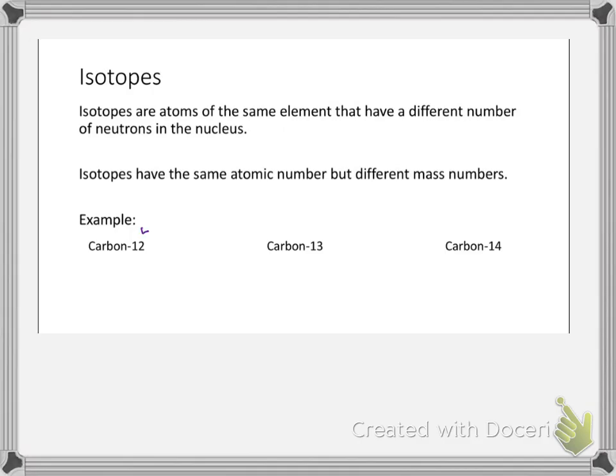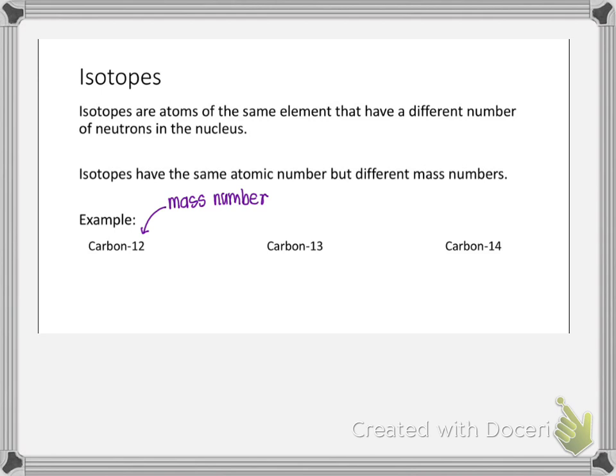And that number is the mass number. Remember, mass numbers help us know how many neutrons there are, because mass numbers are protons, which are always the same for the same element, plus the number of neutrons. And the neutrons can vary.